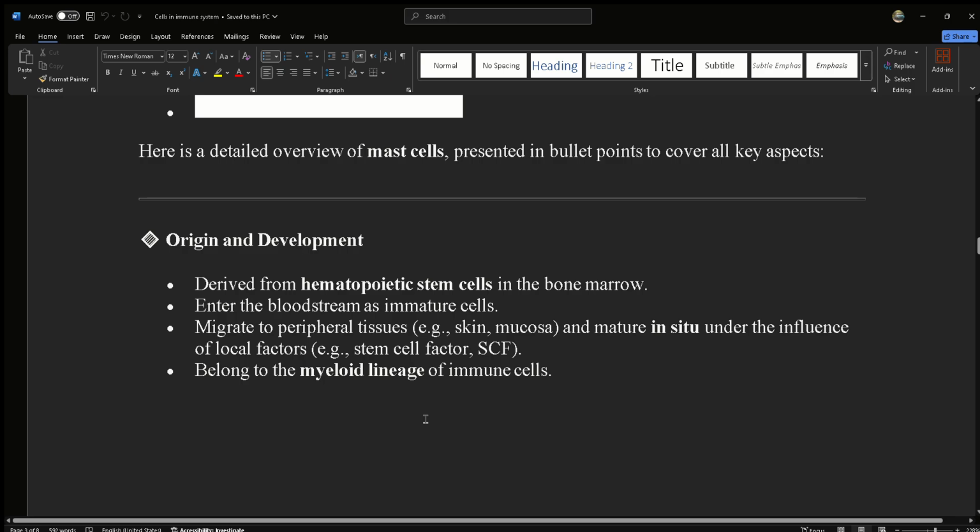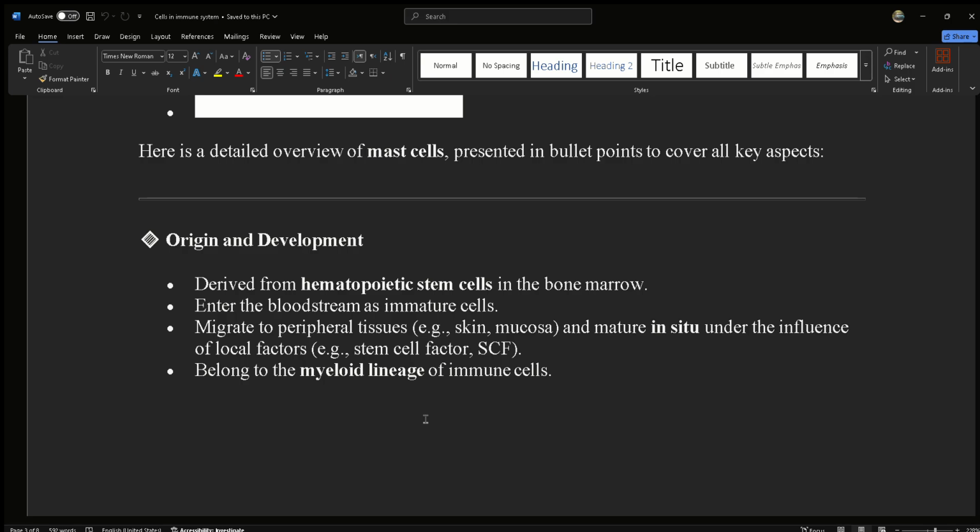There are two lineages which develop from the hematopoietic stem cells: lymphoid lineage and myeloid lineage. From the lymphoid lineage come T cells, Tc cells, and B cells, and from the myeloid lineage come red blood cells, megakaryocytes, and also mast cells.